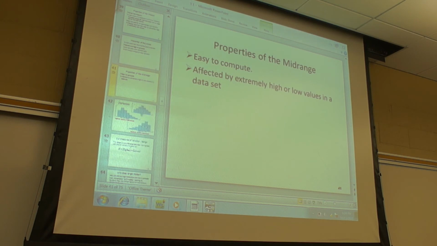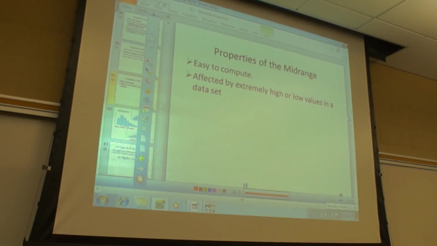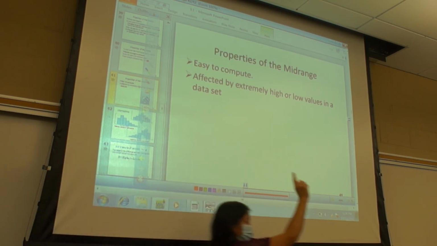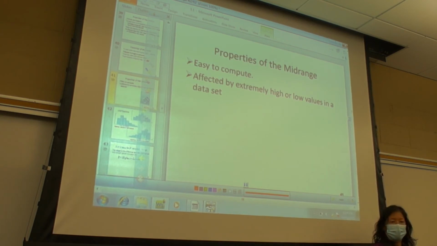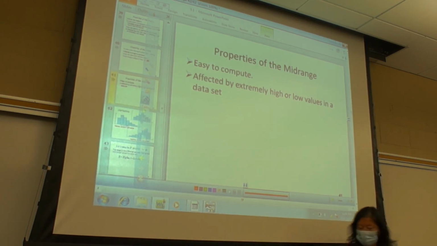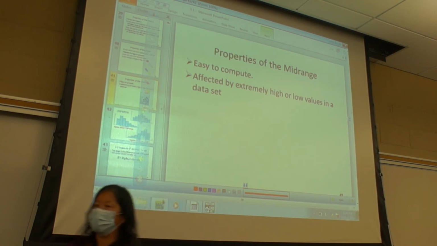Properties of the mid-range: it's easy to compute. However, the mid-range is affected by extremely high or low values. So for example, I've got 49 people who make $25,000. I've got one guy in the company who makes $1 million. What's my mid-range? $1 million, $25,000. Find the middle. What is it?